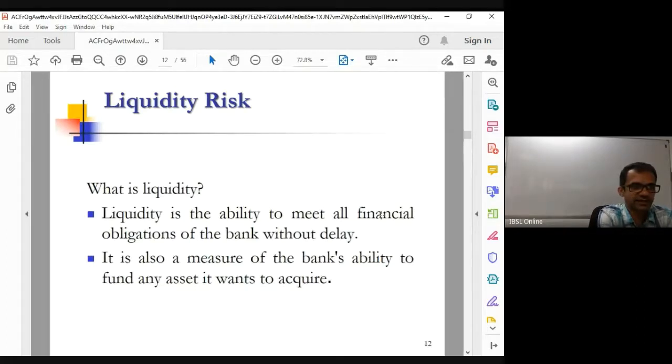As a financial institution, what are the obligations? There may be borrowings maturing today. So the institution should be able to pay the lenders on time, the principal amount and whatever interest that they have.